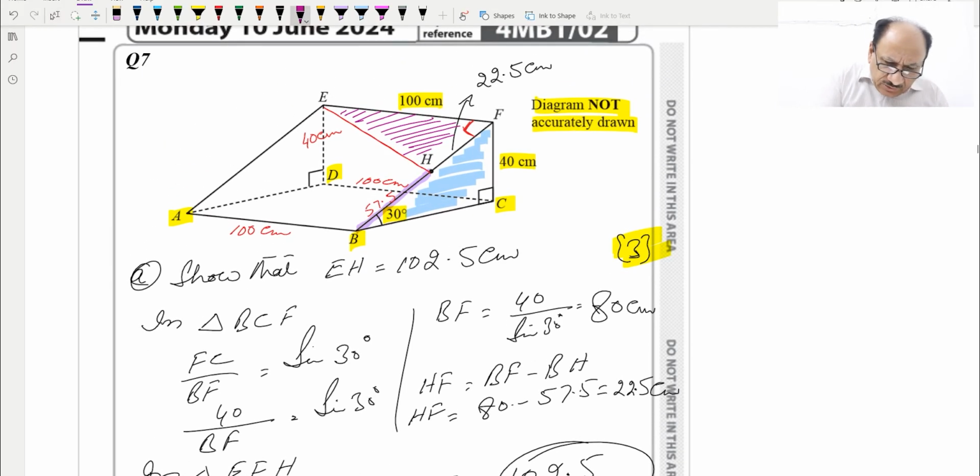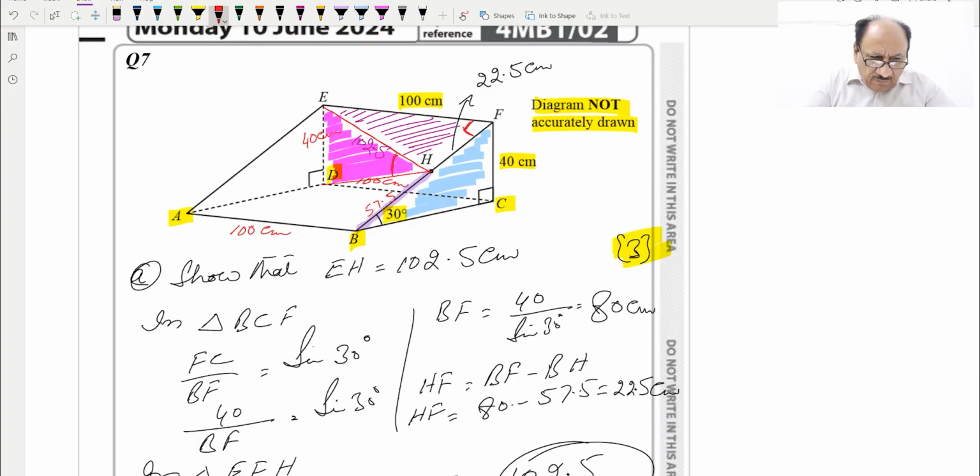I will write here 102.5. If I draw a line over here and shade, this will be the triangle EHD, and this is the angle which we need to find.